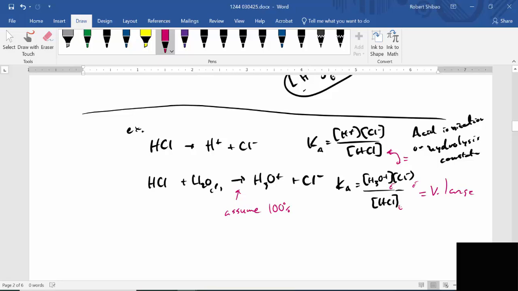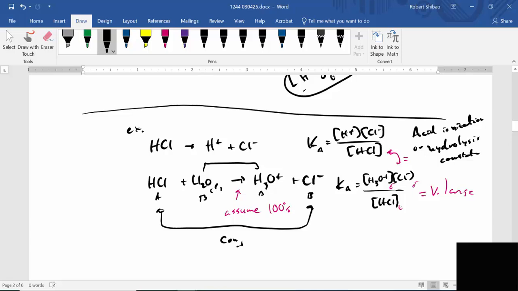Okay, now I'm going to talk about the conjugate relationship. This is what we call the acid here, and this is the conjugate base. And this is what we call a conjugate pair. And this is another conjugate pair here. This would be the base, this would be the acid. And so these are conjugates.